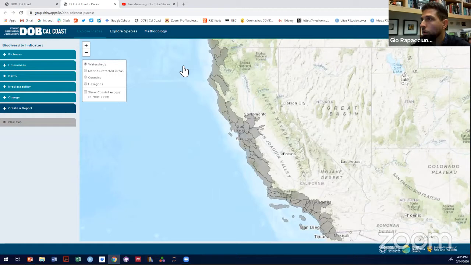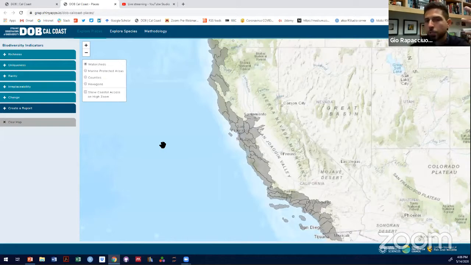By default, you're getting a watershed view here with the coastal watersheds. This is not a specific choice by any means, but we certainly think that watershed scale results are informative. And as you'll see, watersheds satisfy a lot of the filters that we've been talking about.